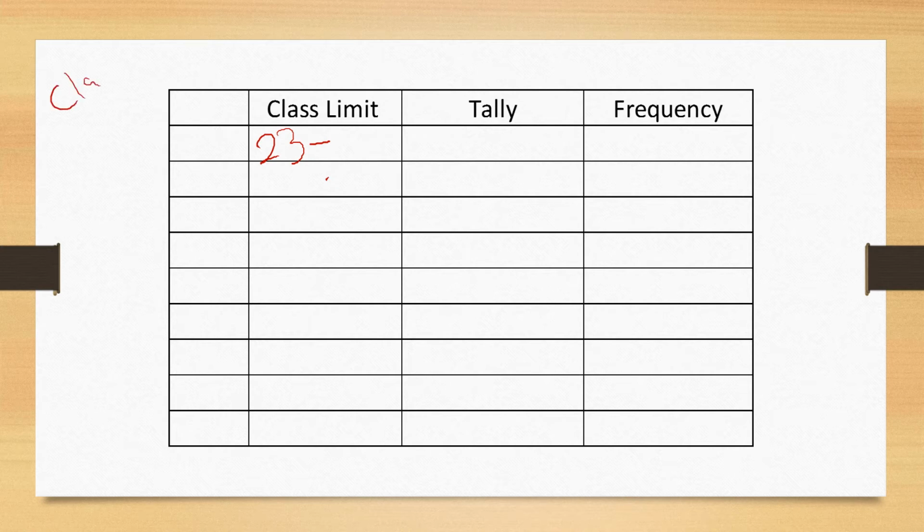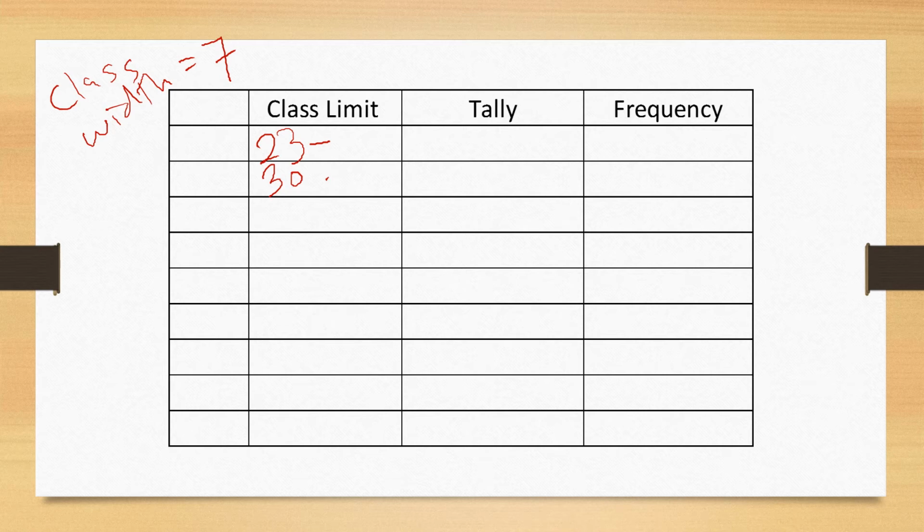Remember that our class width is 7, so the difference between 23 and our next lower class limit should be 7. So 23 plus 7 equals 30. That's going to be our next lower class limit. The reason it is this way, vertical, not horizontal, is because our class width is the number of values that land in that class.